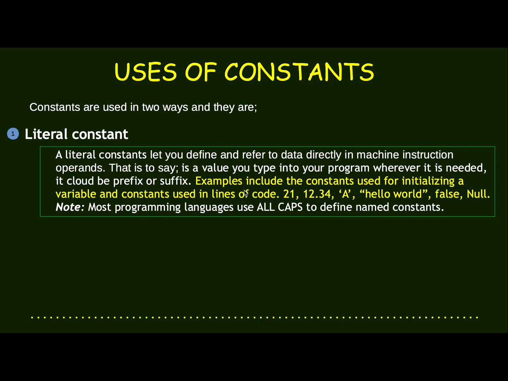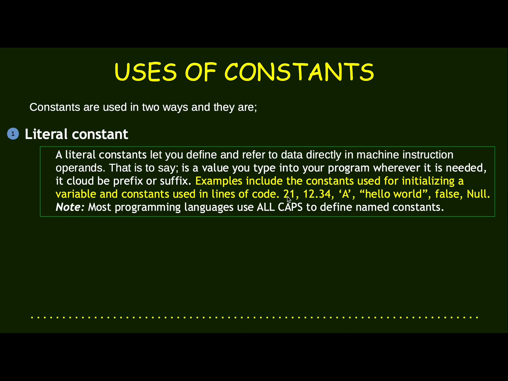Examples include the use of a constant in initializing a variable, that is, to start or prefix a variable, bringing a variable into the program, and also constant use in lines of code.